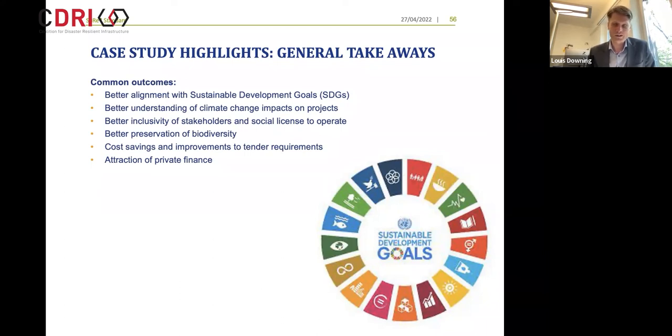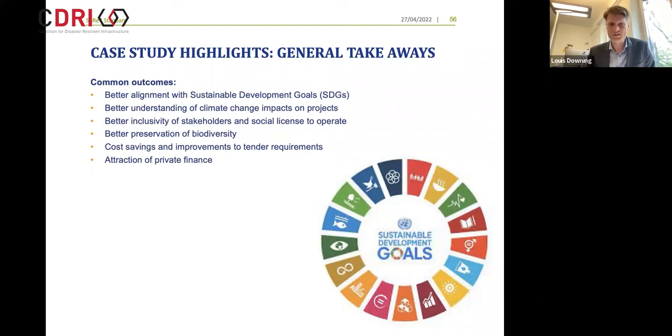Biodiversity in a lot of the regions where we work is unfortunately not on the top of either the regulatory agenda or that of the project developers. So that's really good as well, that we see some positive impacts for biodiversity.